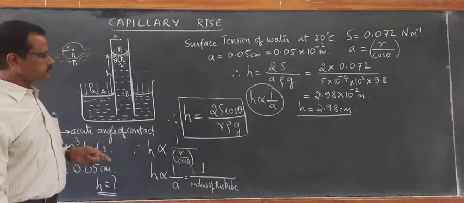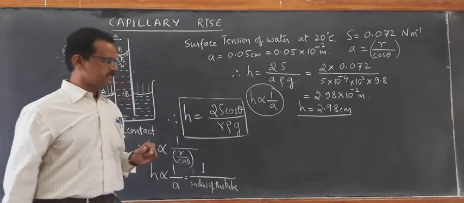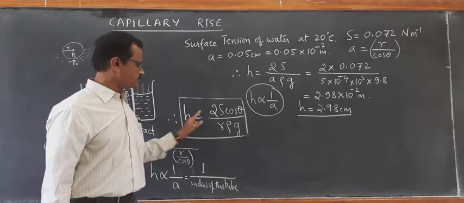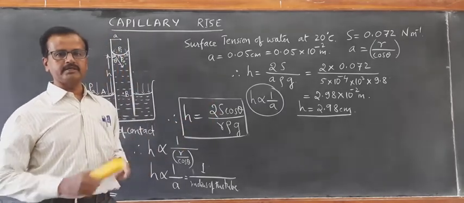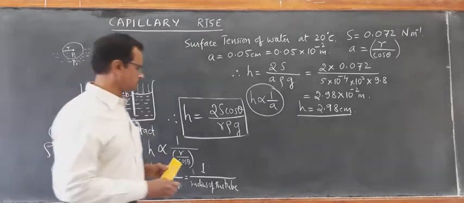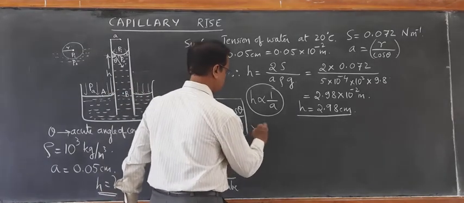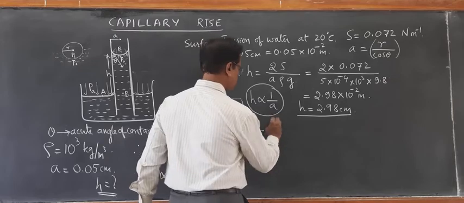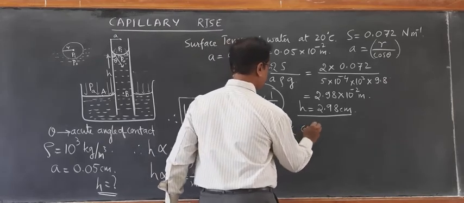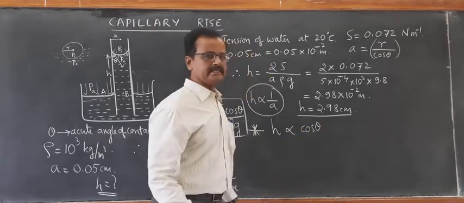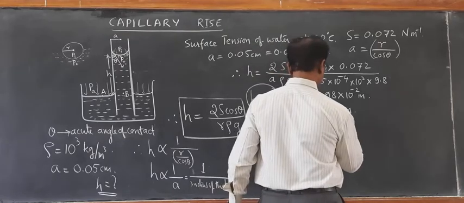Now, one more important thing is that H is directly proportional to cos theta value, that is angle of contact. Important point. H is directly proportional to cos theta, where theta is angle of contact.